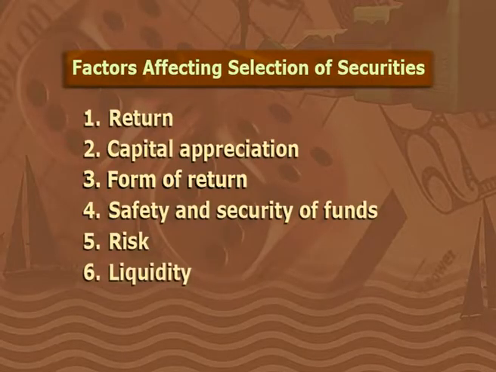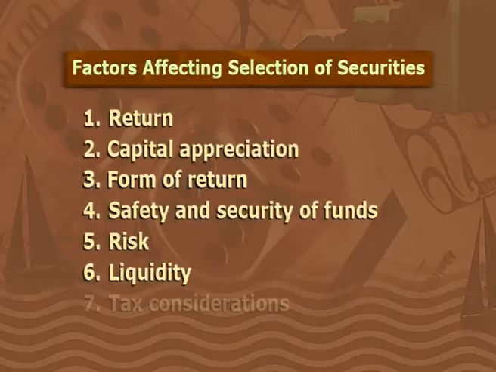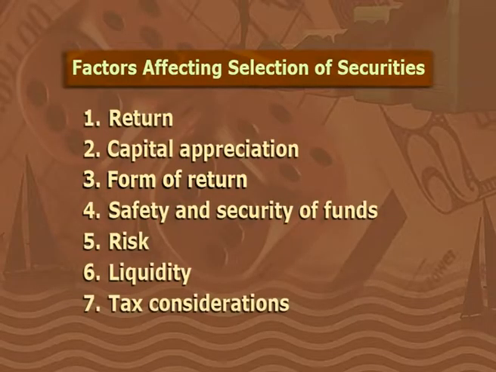Number 6, liquidity. A certain portion of investments should be put in fairly liquid assets so as to face emergencies. Number 7, tax considerations. Any individual's first choice of securities rests on the tax implications. The securities that minimize his tax burden would find a place in his basket of securities.